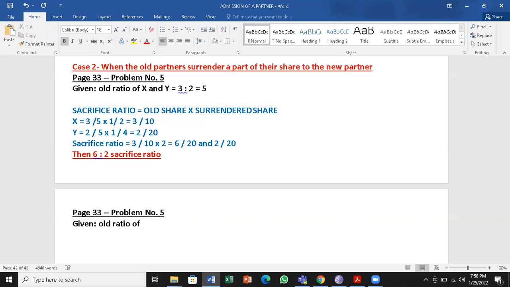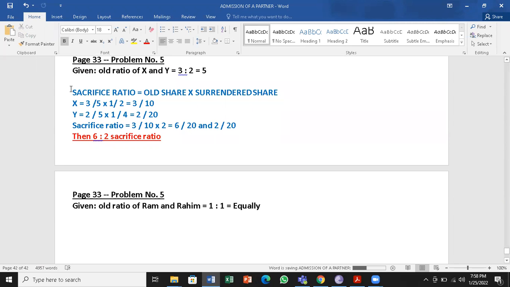So given the whole share of Ram and Rahim is equal to 1:1. Remember, that is equally. So Ram surrenders 1/3 of his share to Charlie.